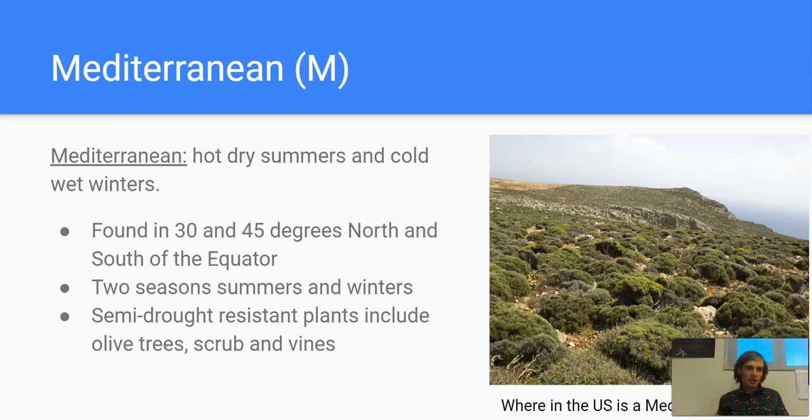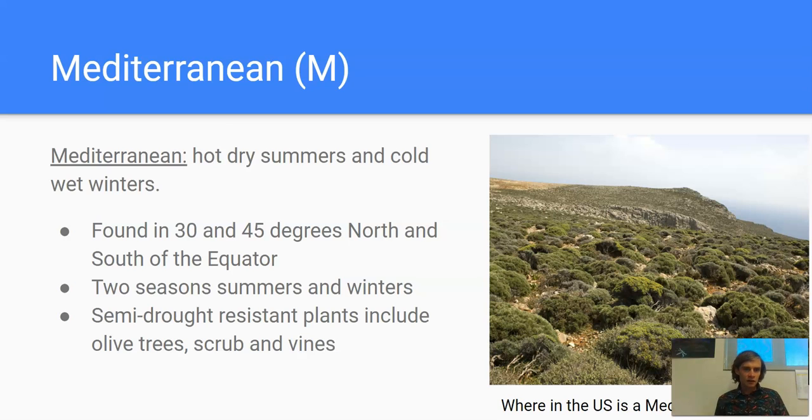A Mediterranean climate. A Mediterranean climate has a hot summer and a cold, wet winter. These are found around 30 to 45 degrees north and south of the equator. So this would be some places of California, also in Europe around the Mediterranean Sea. They have summer and winter.